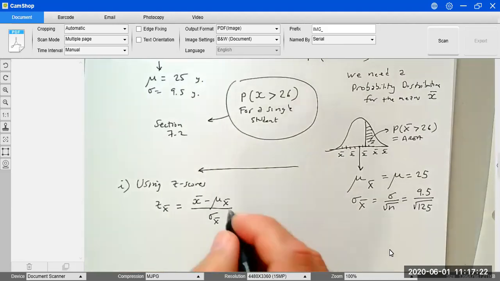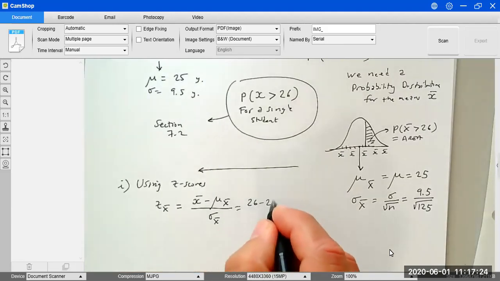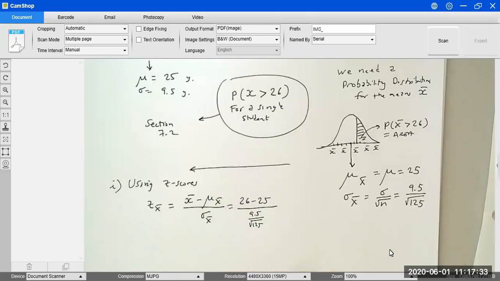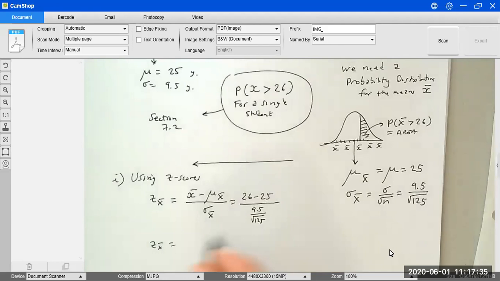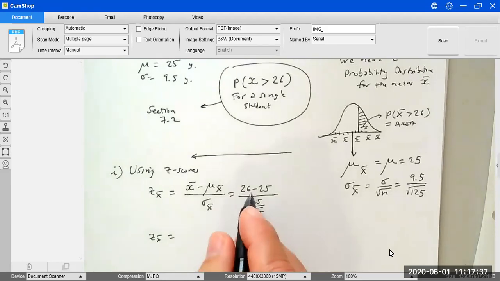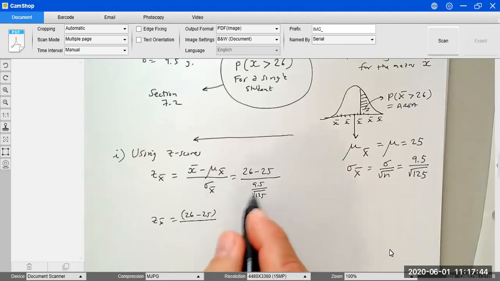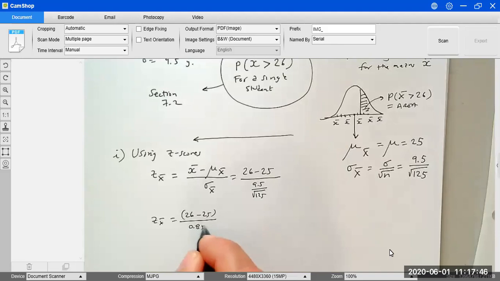So it's just 26 minus 25 over 9.5 over the square root of 125. You can do these operations. So 26 minus 25, use parentheses, and you can do this division first. So you're going to get 0.85.